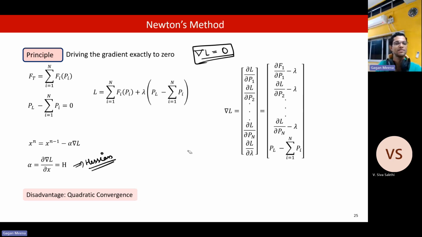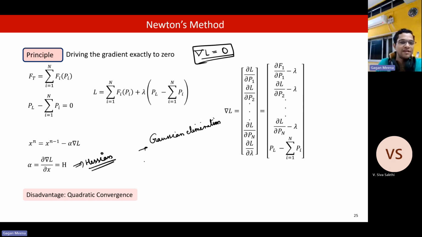We can take the inverse, but in power systems this matrix can be very large. Directly taking the inverse is a very computationally heavy operation. So we use Gaussian elimination, the most basic one, to avoid this inversion operation.